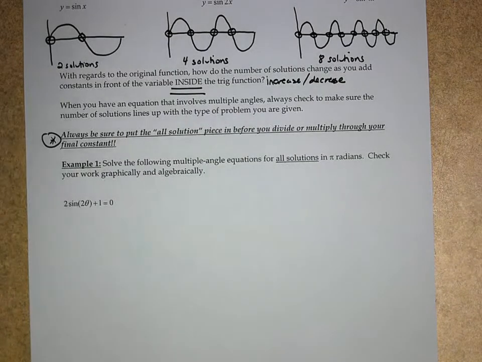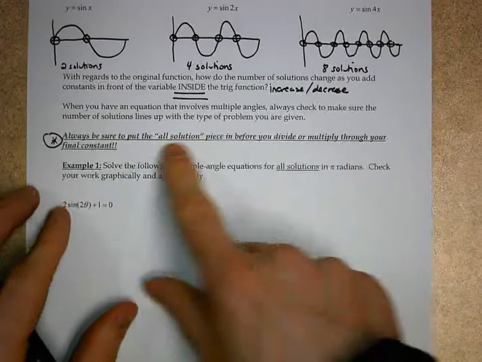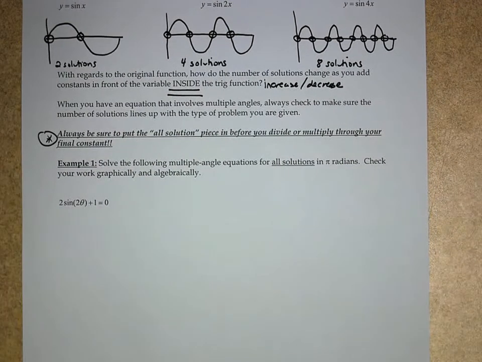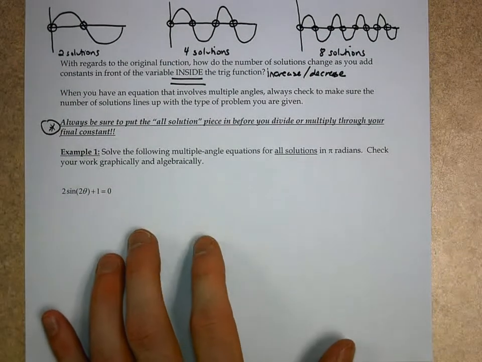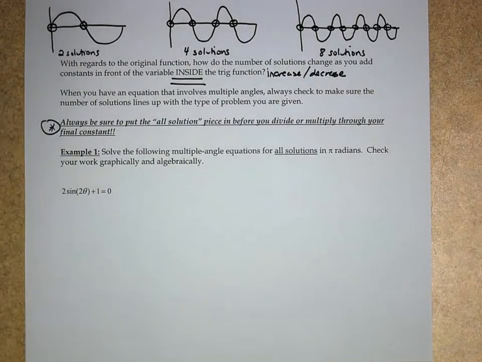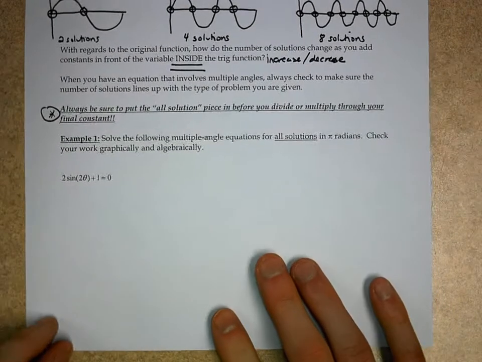Then you divide through. That is huge. Highlight that if you've got a highlighter. Do something with that. That is a huge piece. You multiply or divide through as the very last step, after you put your plus 2 pi n's, after you do all your reference triangles. You multiply or divide as the very final step.